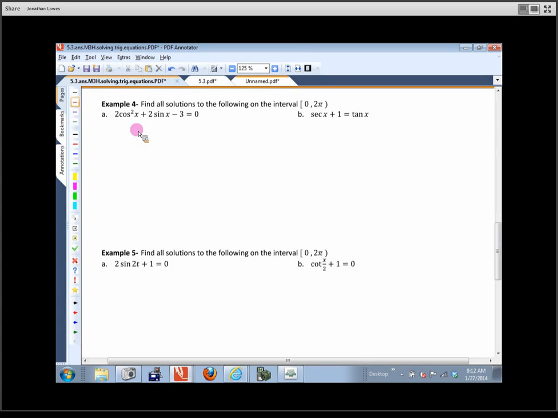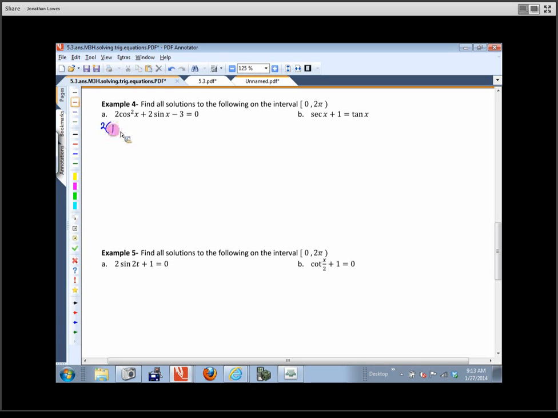Even before that. If you see a trig function squared, it might be a good idea, not always, but it might be a good idea to use the Pythagorean theorem, or the Pythagorean identity. So in place of cosine squared, we're going to put, what is it? Is it sine squared minus 1, 1 minus sine squared?